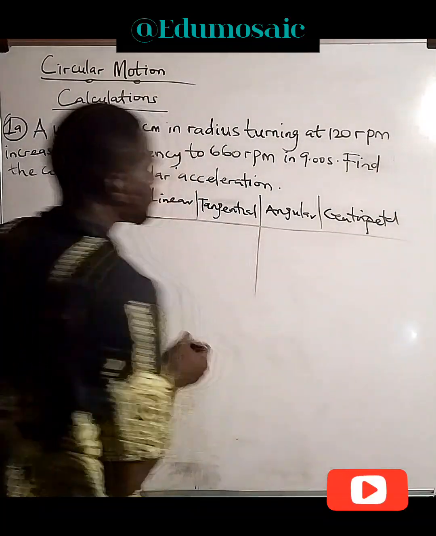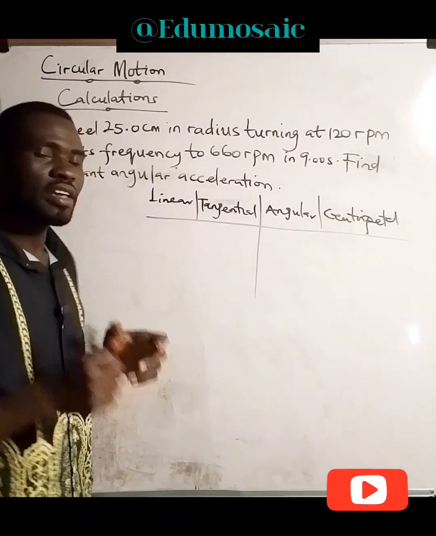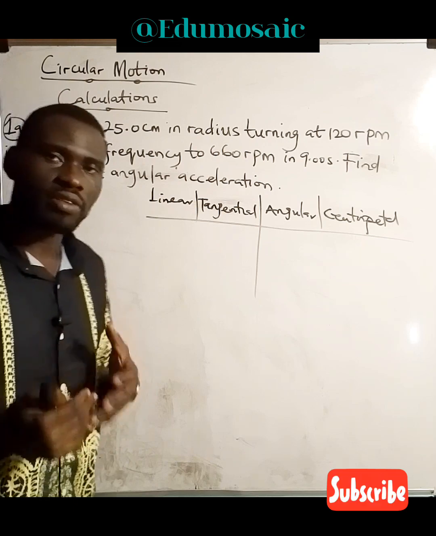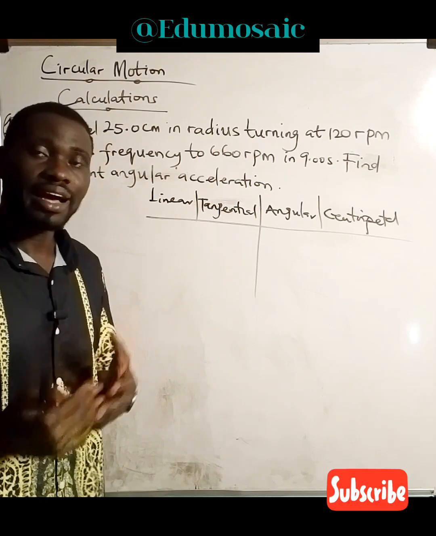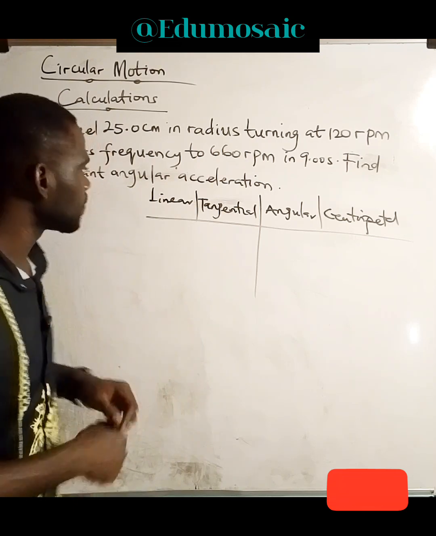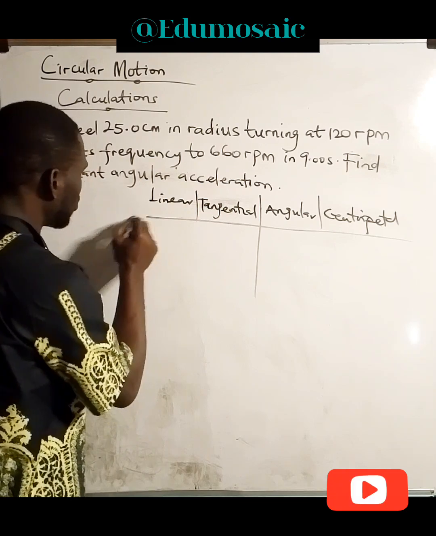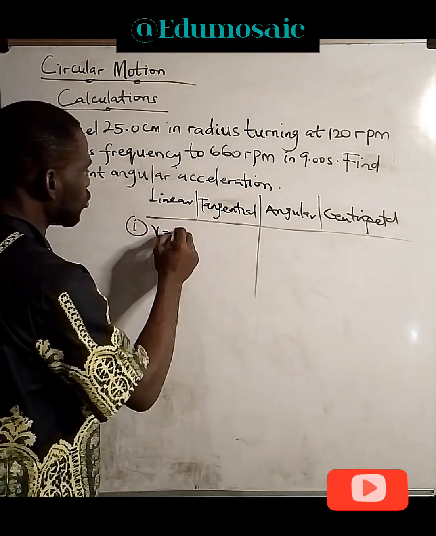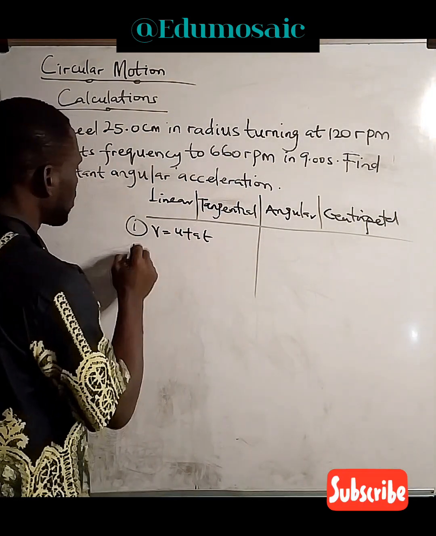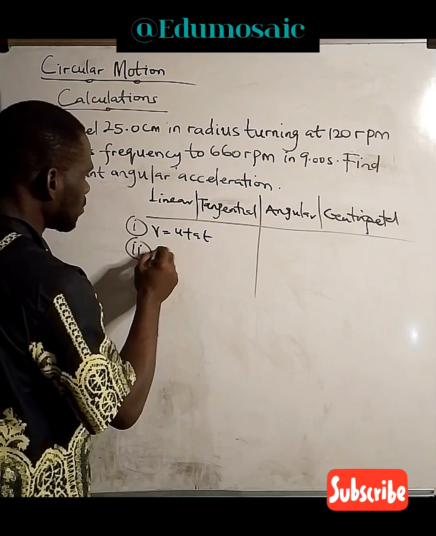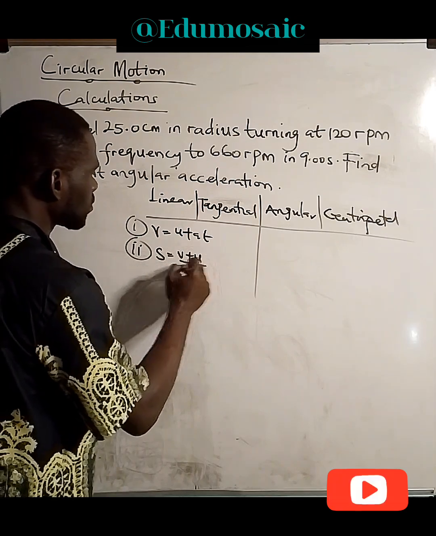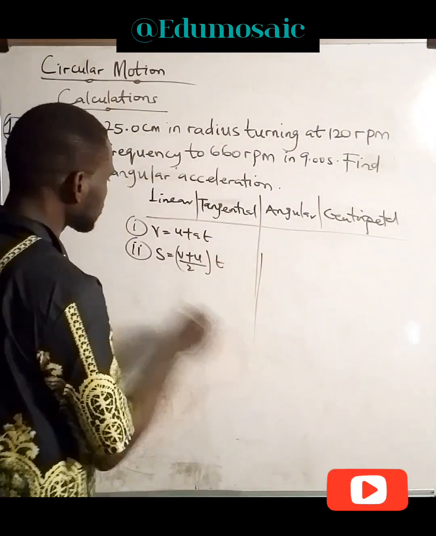Now, don't forget for circular motion, since you're talking about two-dimensional motion, most of the things we work on in circular motion are divided into linear and angular. Now, the linear is very common. Everybody knows this. For linear: v equal to u plus at. We have s equal to (v plus u) over 2 times time.